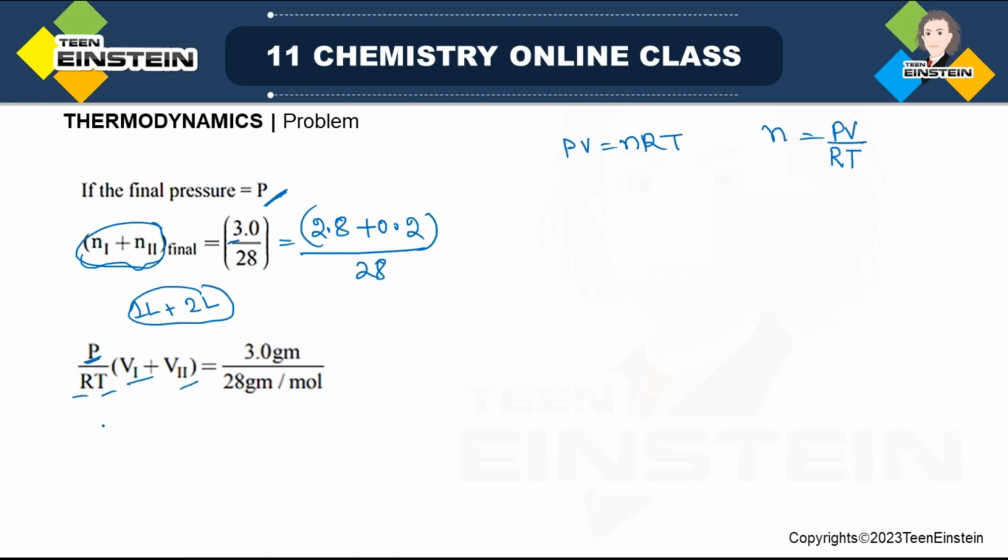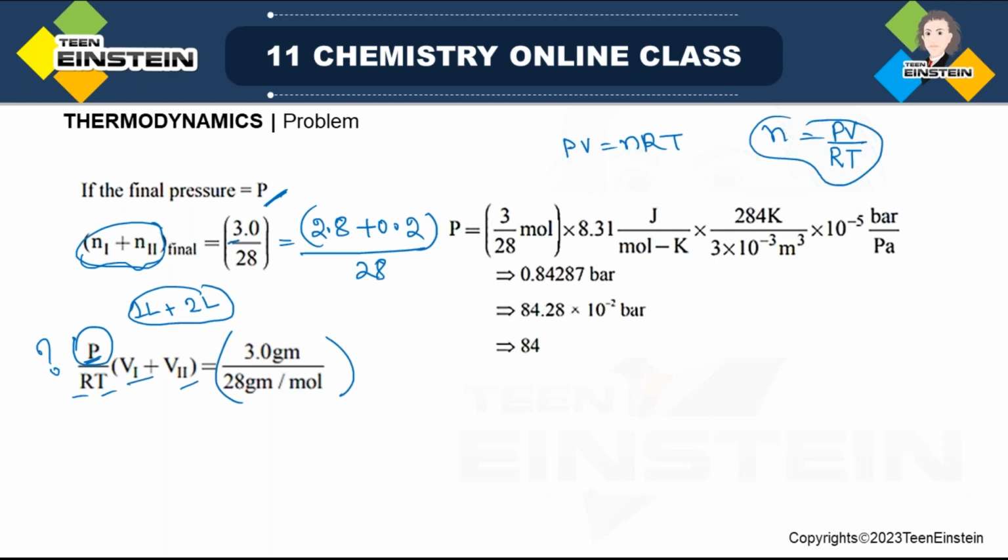Universal gas constant 8.31, and the temperature we have just calculated in the previous slide, right? On the right hand side, the number of moles according to this equation is 3 divided by 28. Now we will put all the values of V, R and T because only this quantity is unknown. All the other quantities you know. So put all the known quantities.